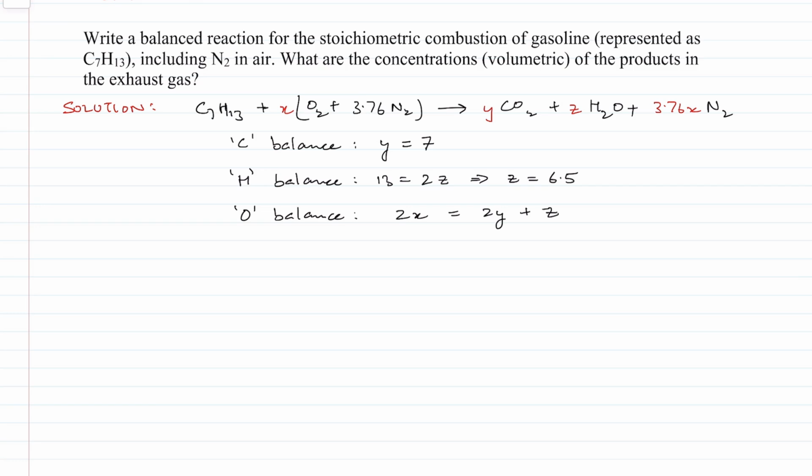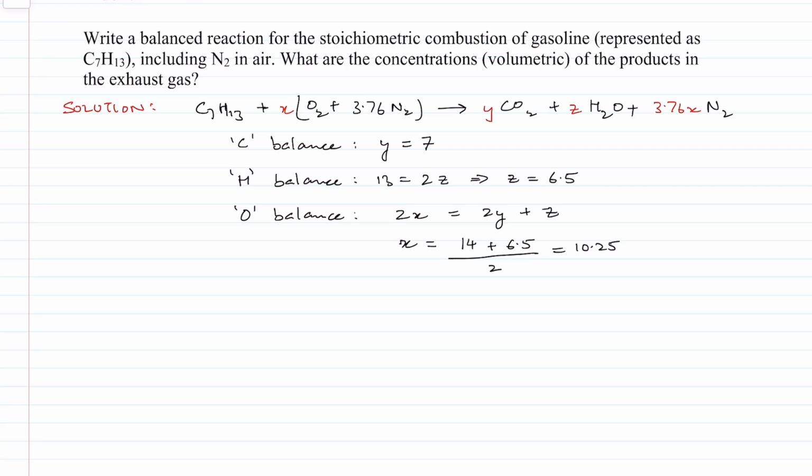We already solved for y and z, so x would be equal to 2 times y, which is 14, plus 6.5, divided by 2, is equal to 10.25. And so now we could actually replace the equation.